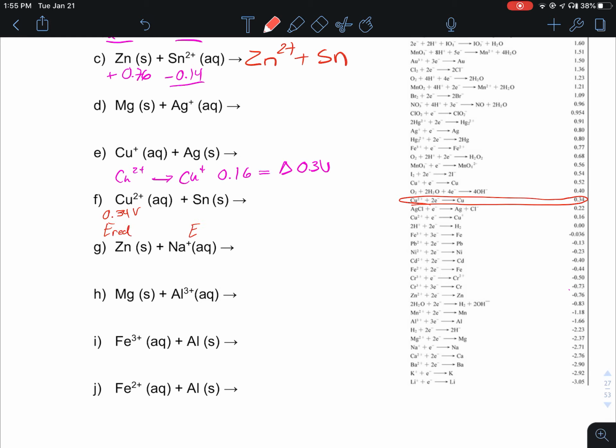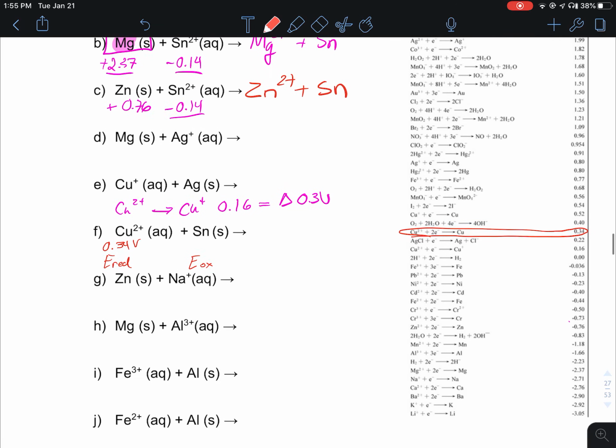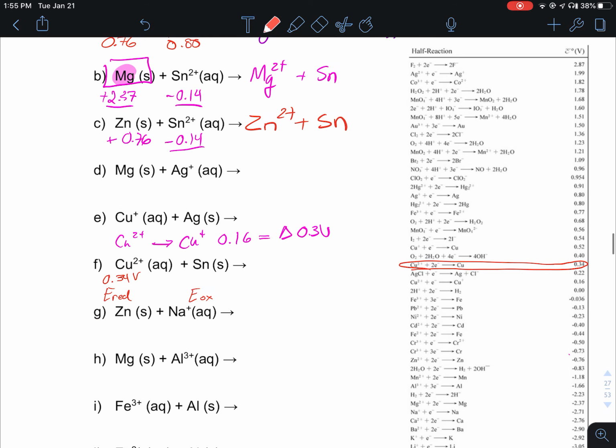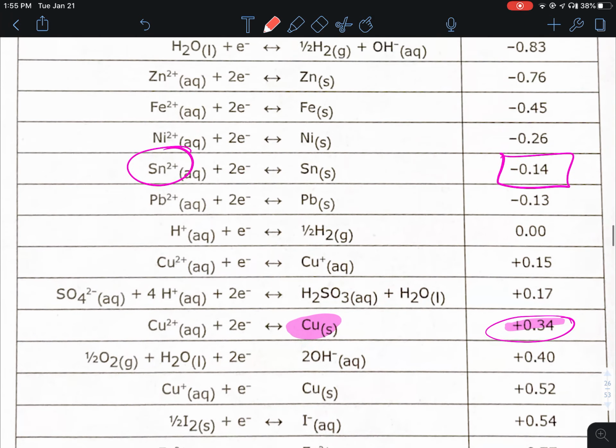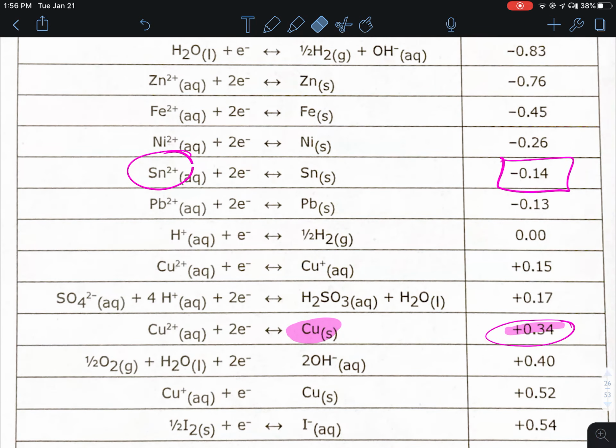Now the other element is going to be the oxidized one. So I'm going to look for some tin over here, and I believe that tin might not be on this one. So we're going to scroll up. Oh, I did use tin earlier. So on the previous page, if we go up to tin, we can see the reduction of tin, right?